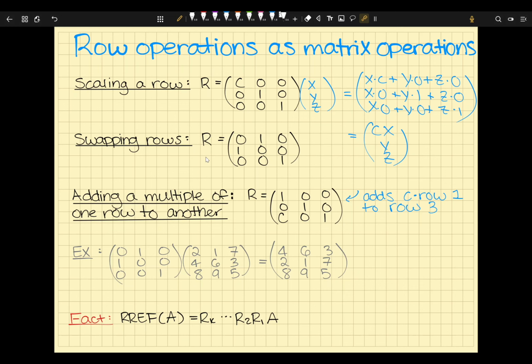I don't think we'll talk about this again, but I think it's cool. And maybe I'll throw a bit of vocab at you. These are called elementary operations.